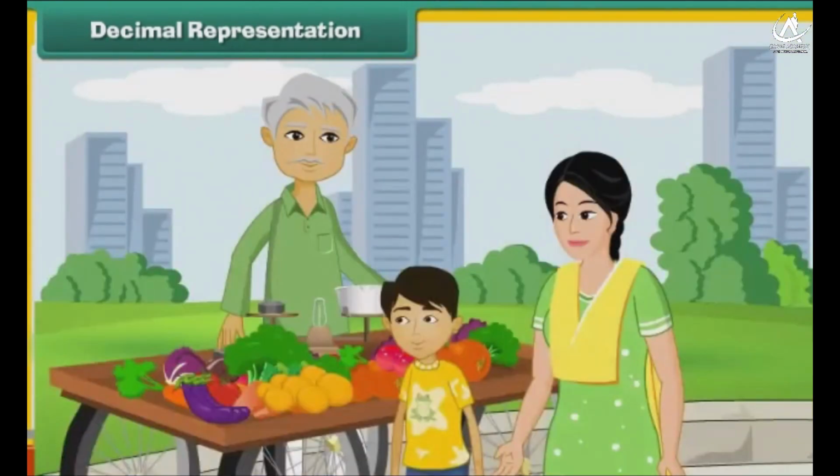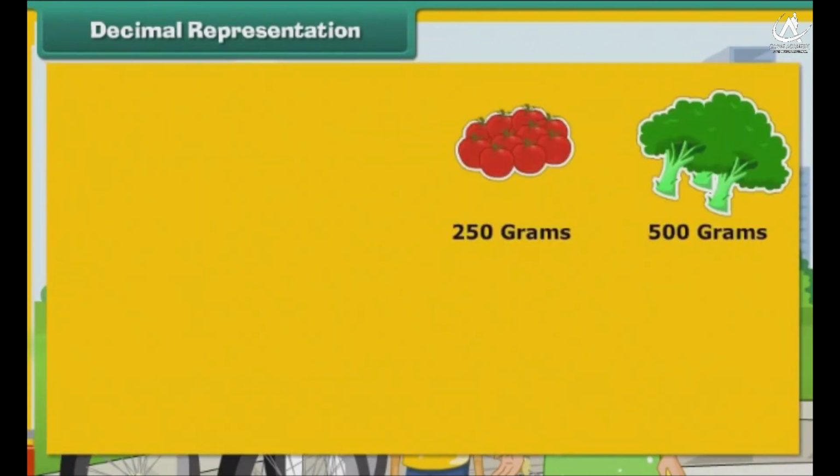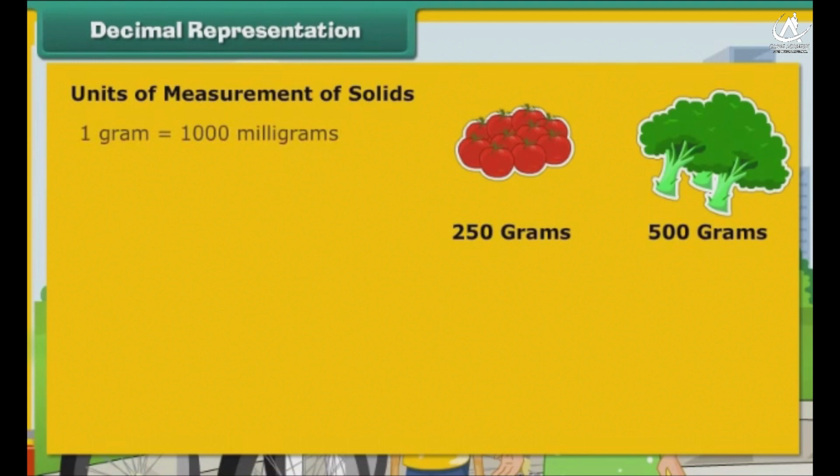Akshay accompanied his mother to the vegetable market. There, he saw his mother buy 250 grams and 500 grams of different vegetables. He wanted to express the quantities purchased as kilograms. To be able to do so, Akshay must first understand the units used to measure quantities of solids. 1 gram is equal to 1000 milligrams.